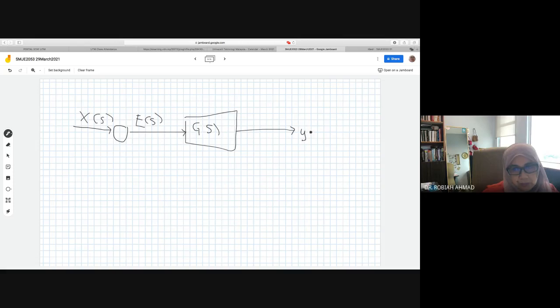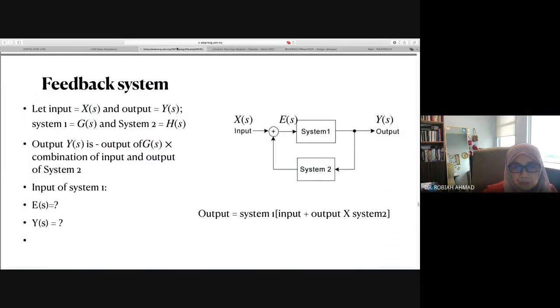Output. Yang di bawah di sini is H. Summation plus. Okay, so plus. So bagaimana dia punya equation? Anyone?